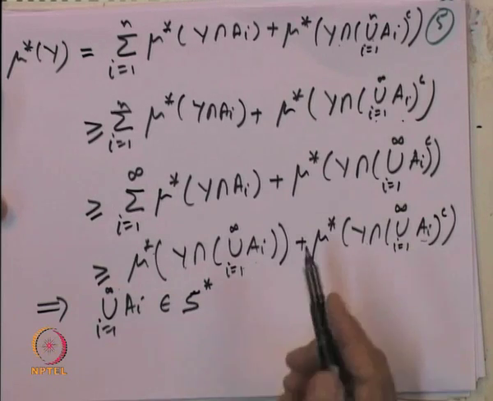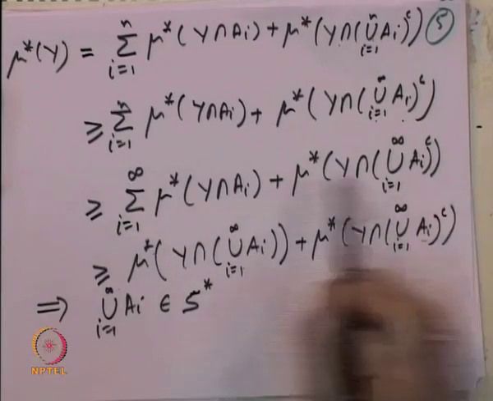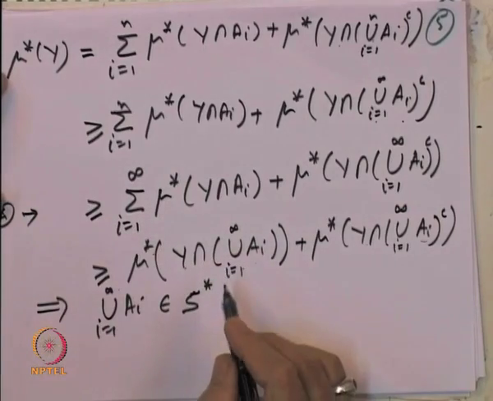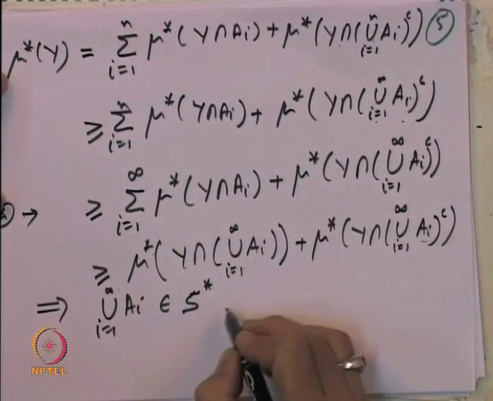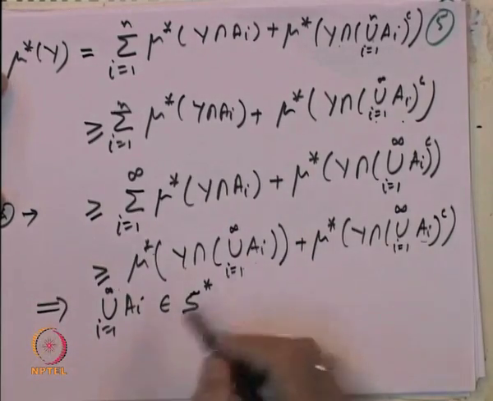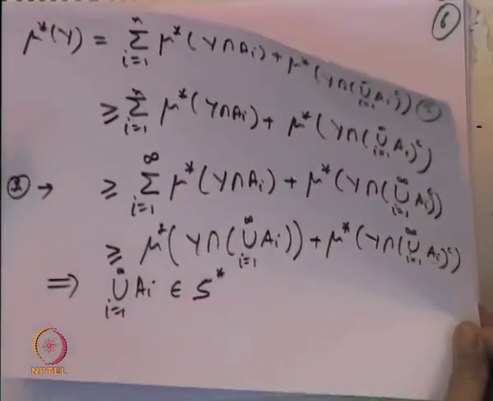So, in this equation star, let us put y equal to union of A_i's. Let us do that substitution and see what we get.